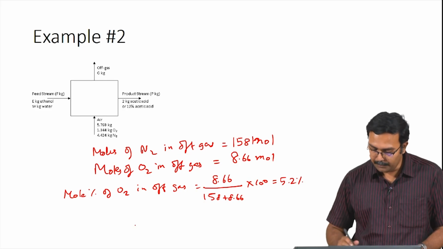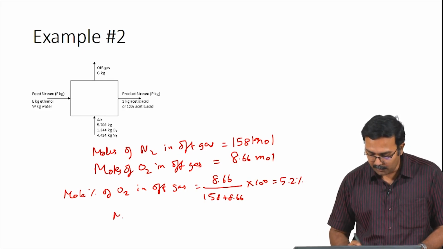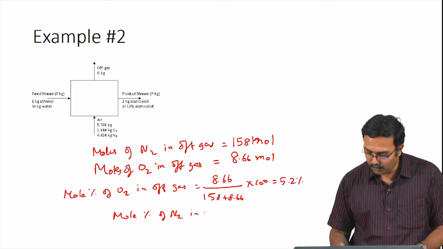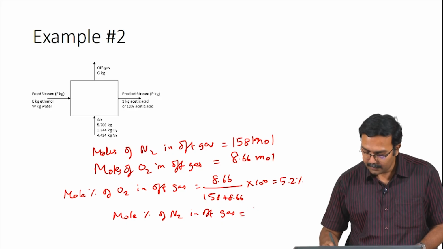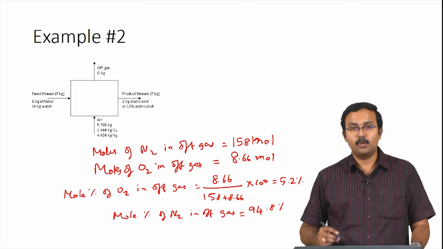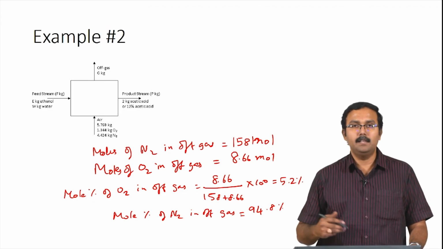So, the rest would be nitrogen. You have mole percentage of nitrogen in off gas as 94.8%. So, this gives the composition of the off gas which is leaving the system.